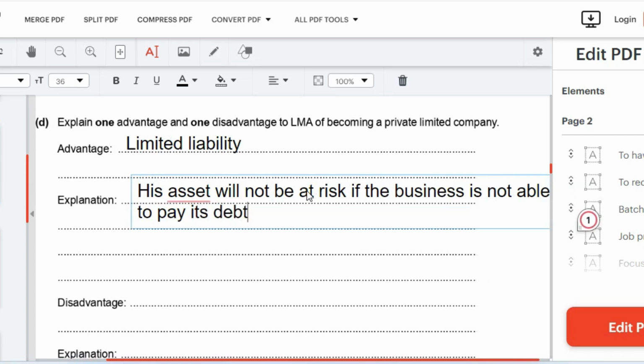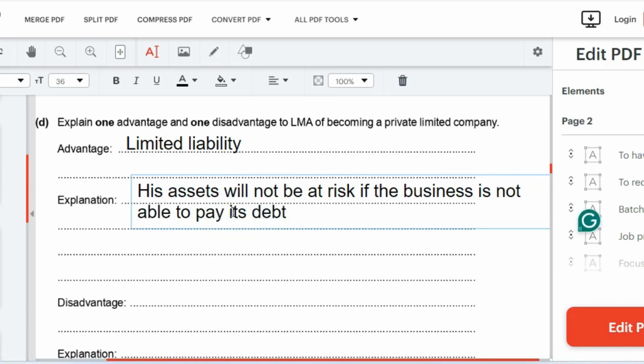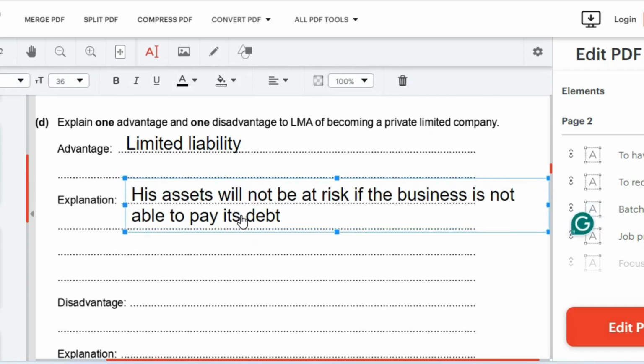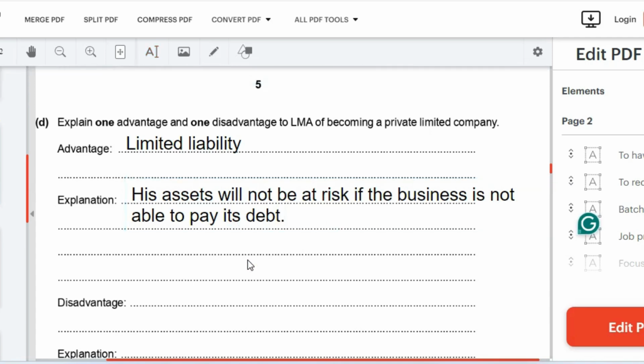That is one of the advantages of becoming a private limited company to LMA. Of course, we are told to just explain one here, but there are many advantages. We have separate legal identity, being able to raise finance by selling shares, and also continuity.